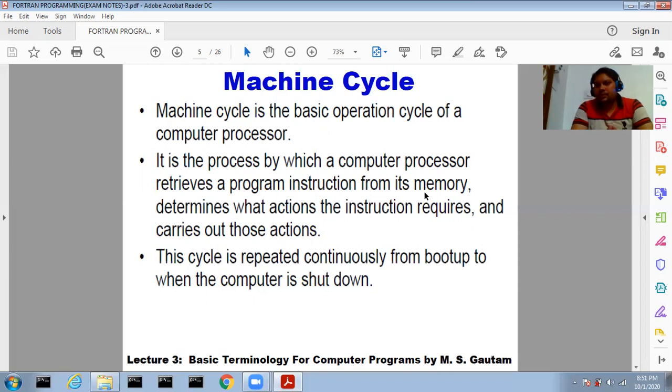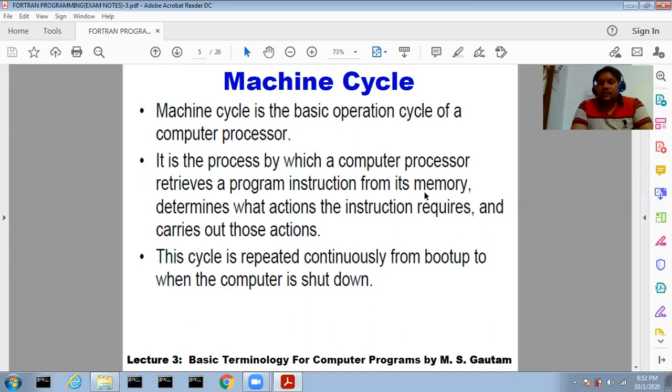In a computer, there is a processor, and this processor completes the operation or work in some sequence, in some steps, and this sequence of operations is known as the machine cycle. The sequence of operations of the computer processor is known as the machine cycle.